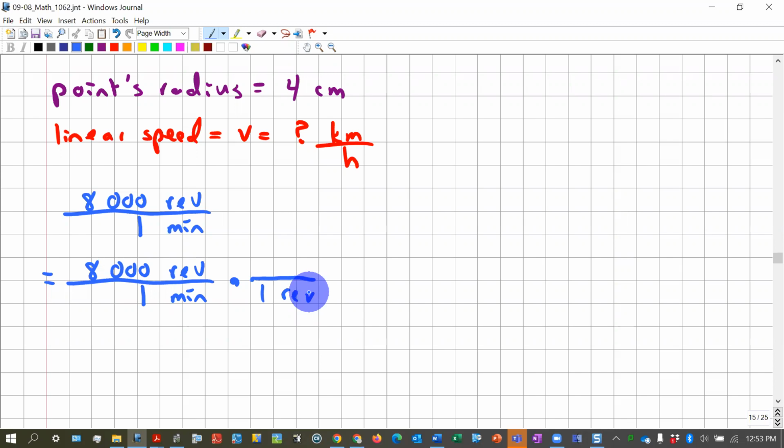And since we want units of distance in our numerator, kilometers, the numerator of my new fraction here is not going to be 360 degrees. It's not going to be 2 pi radians. It's going to be 2 times pi times 4 centimeters.